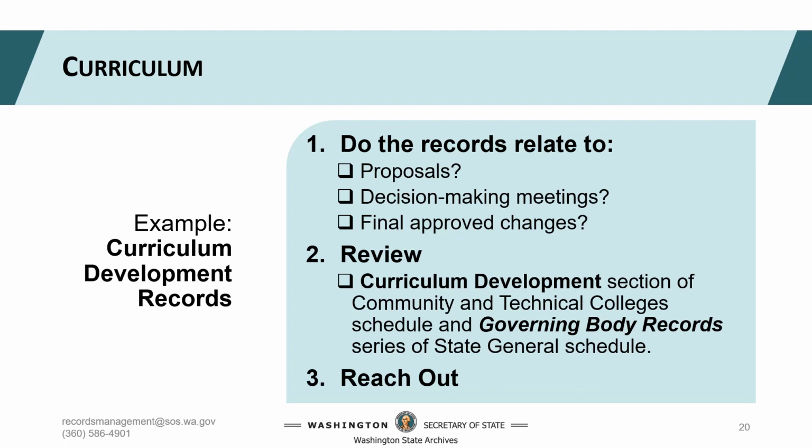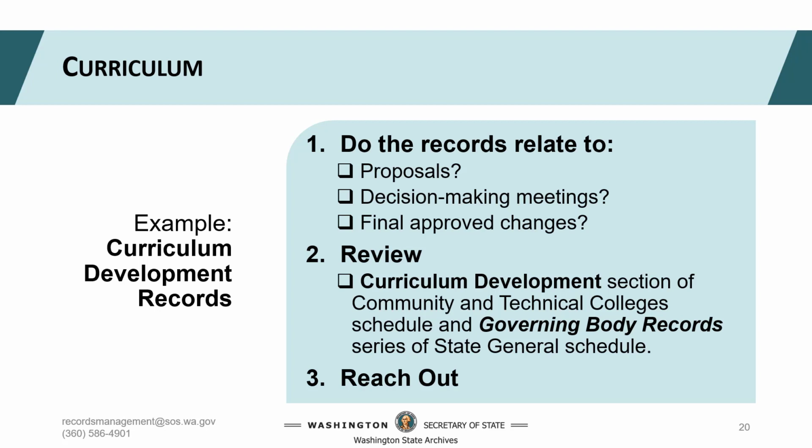Finally, let's look at curriculum development records. Curriculum development and class scheduling are unique functions of higher education institutions, but these records can be found in the State General Schedule as well as the Community and Technical Colleges Schedule. The curriculum development category in the Community and Technical Colleges Schedule includes two record series to consider.